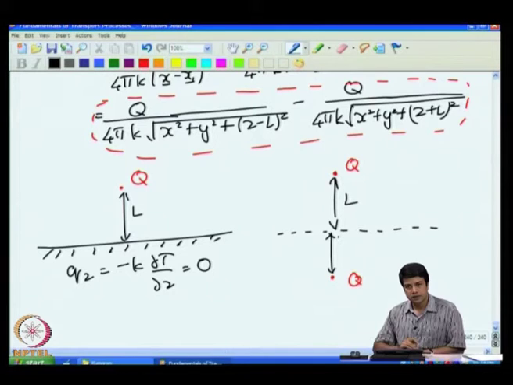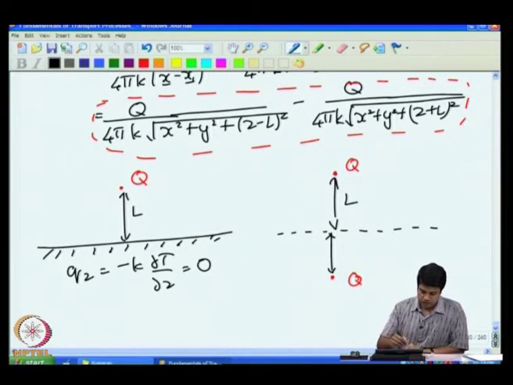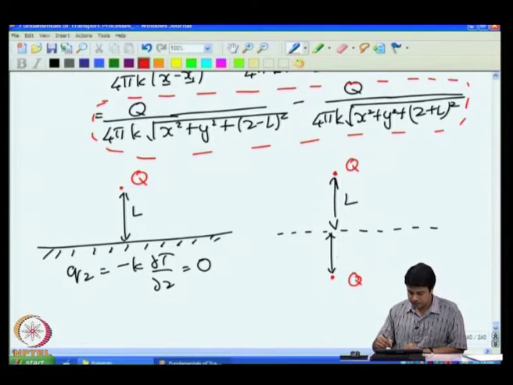In this case, since I have plus q above and plus q below, on this plane of symmetry I will have the derivative of T with respect to z being identically equal to 0. Because it is a maximum, the source strength here is the same as the source strength here.